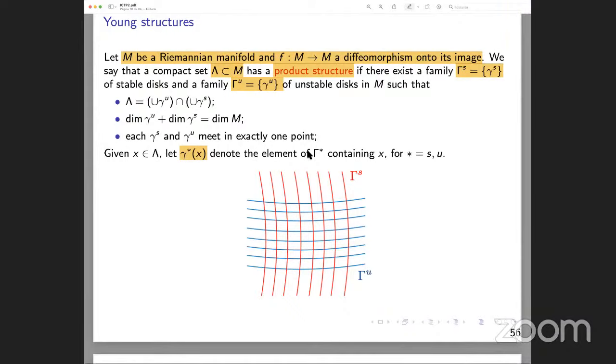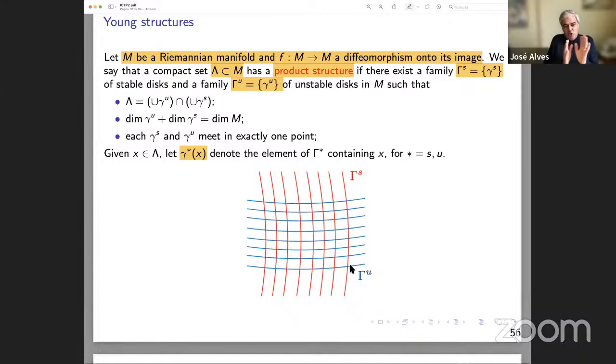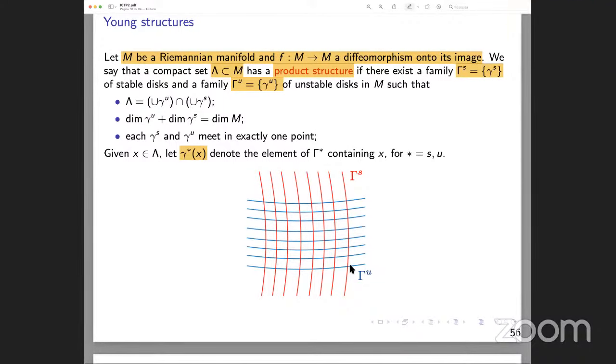So these leaves can be dense in M, for example. What happens if you iterate forward these little unstable disks? They may be dense in M. It depends on what the dynamics is outside of this region. But these are local stable and local unstable disks.